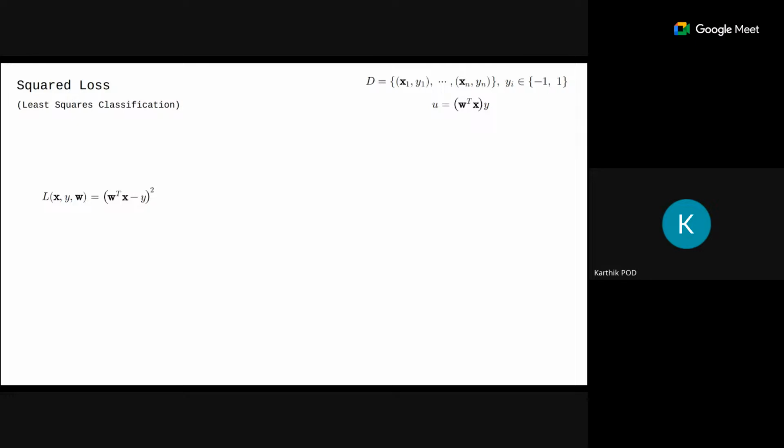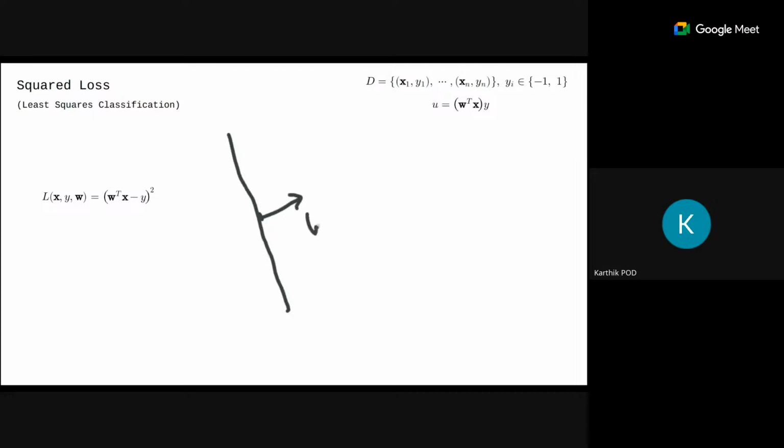Let's quickly draw that part. Let me draw this. You have the origin here, and your classifier would be something like this.